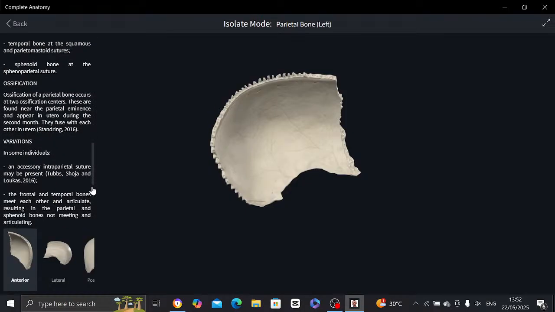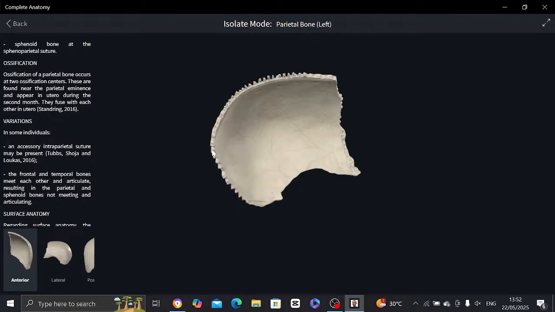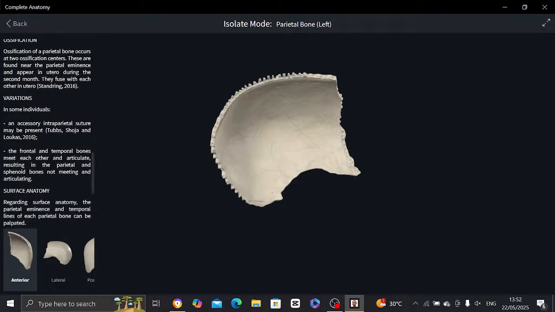In some individuals, there is an intraparietal suture running through the parietal bone, tracing with my mouse cursor, in addition to the sagittal, lambdoid, squamous, and metopic sutures. Sometimes the bones could meet each other and articulate, resulting in the parietal and sphenoid bone not meeting. Generally, the sphenoid bone and the parietal bone may not meet in some people.